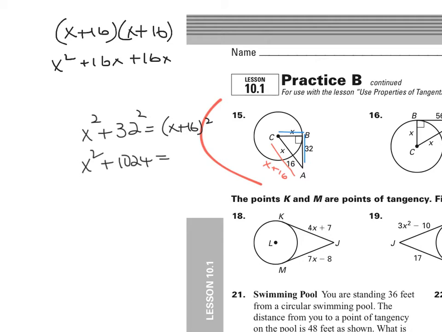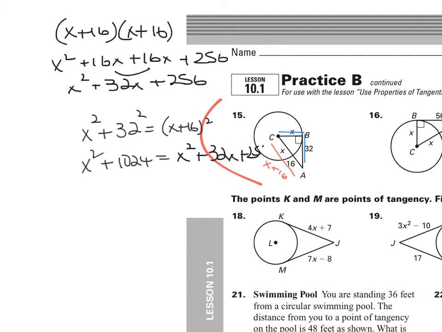And last, 16 times 16 gives me 256. I'm going to add the two 16x terms in the middle, and that gives me 32x. Rewrite the x squared and the 256. So now 1,024 is set equal to x squared plus 32x plus 256.